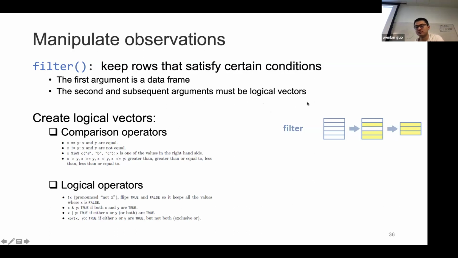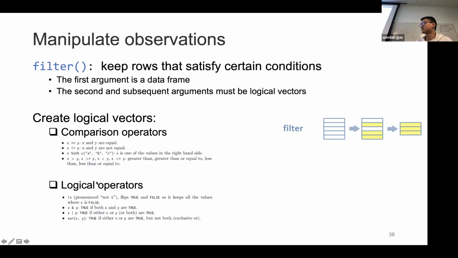For example, if you have a variable and you want to compare whether it equals some value or whether it's greater than some value, etc., you can use the comparison operators listed here to create the filtering criterion.